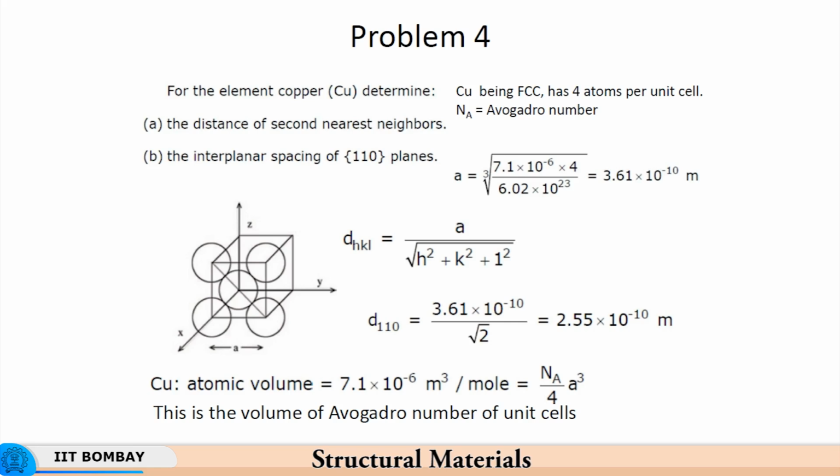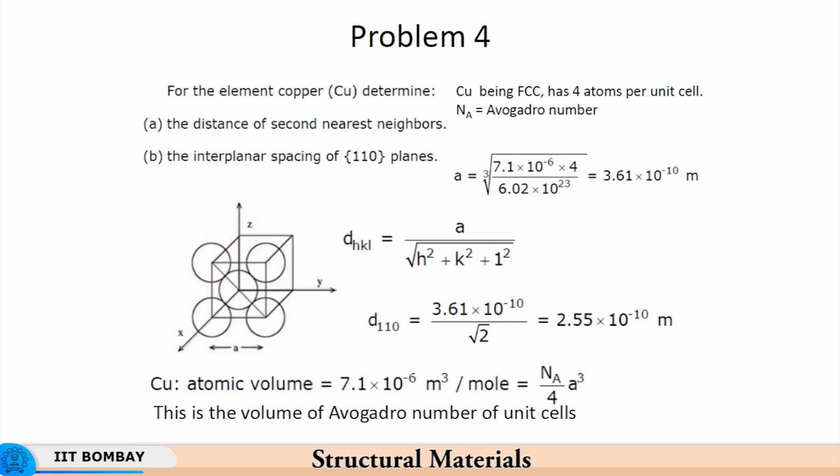Now, number of unit cells is 1/4 of the Avogadro number of atoms, and the volume of 1 unit cell is A cube. So Na by 4 A cube is the total volume of the number of cells which are present in 1 mole of copper, right.